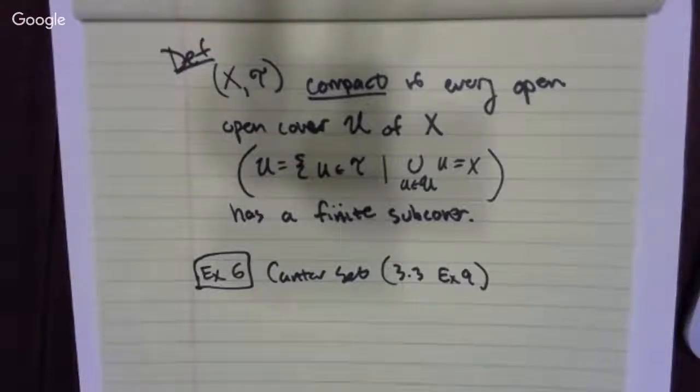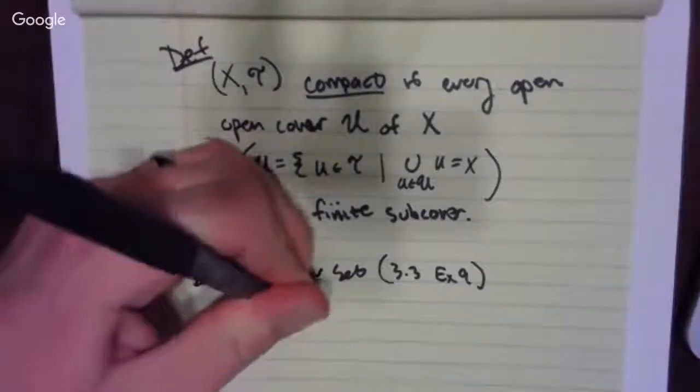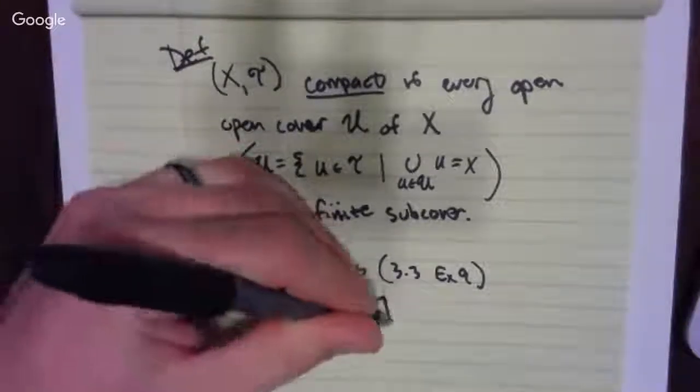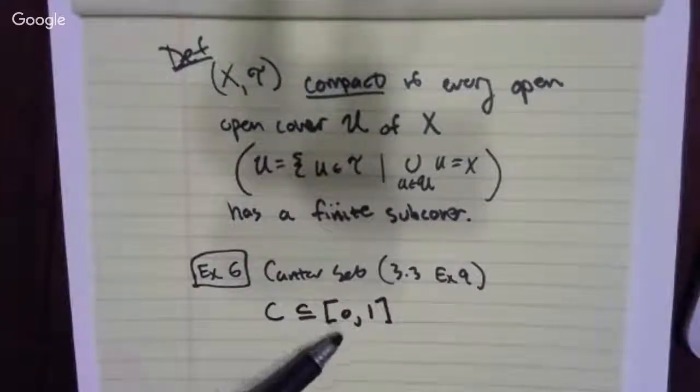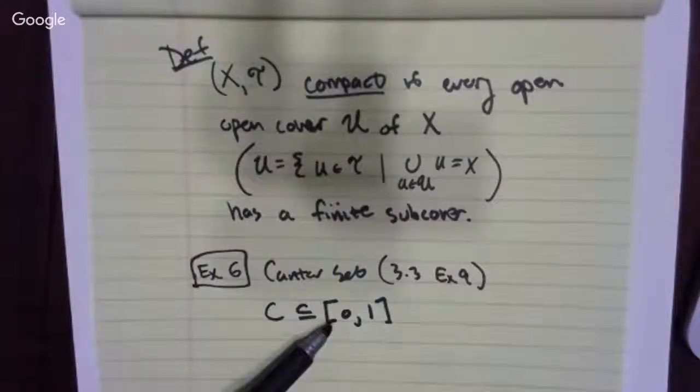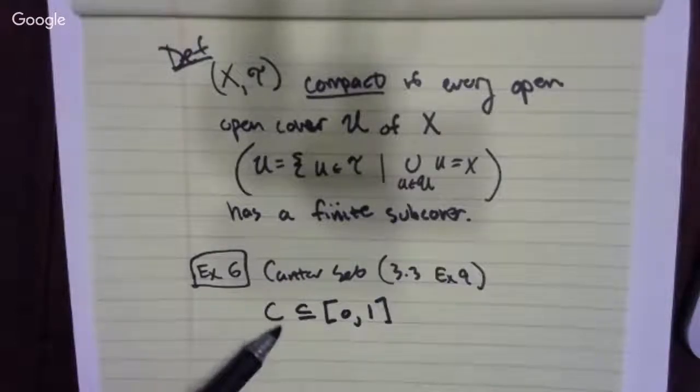And so as an application of theorem 4.13, because the Cantor set, call it C, is closed and contained in this compact interval from 0 to 1, (you showed me on the previous homework that an interval like this is compact, or maybe we talked about it in the last video), this really gross set is actually compact also, just because it's a closed subset of a compact space. So that's what theorem 4.13 is telling us about.